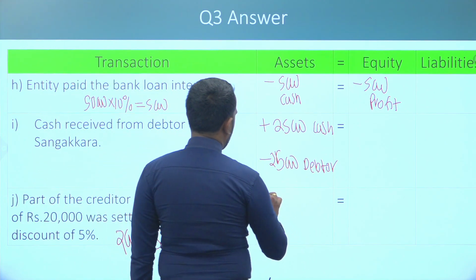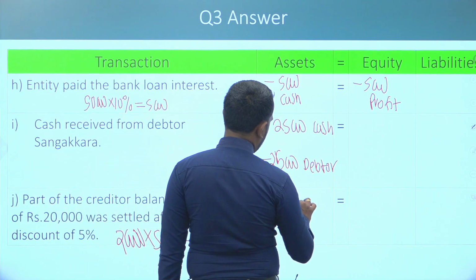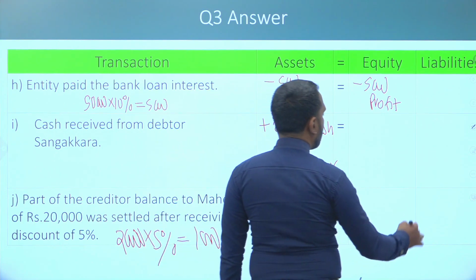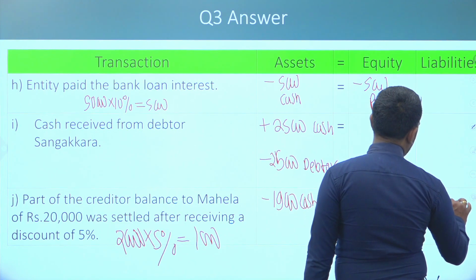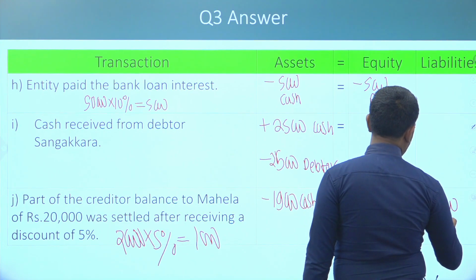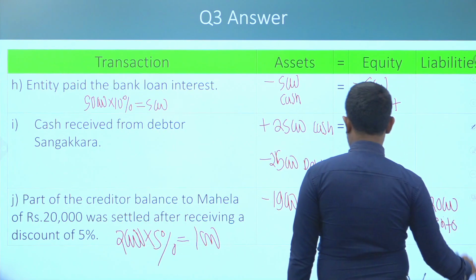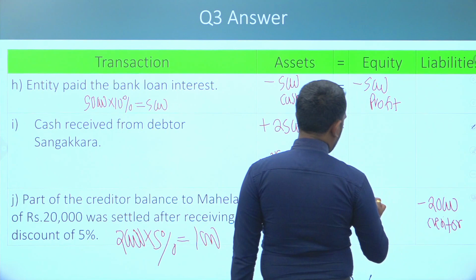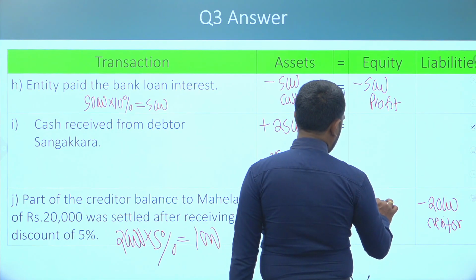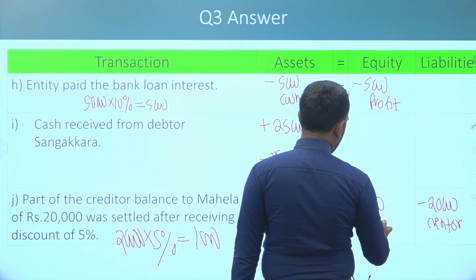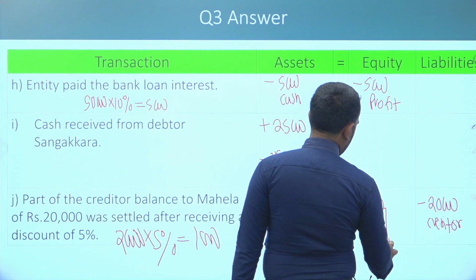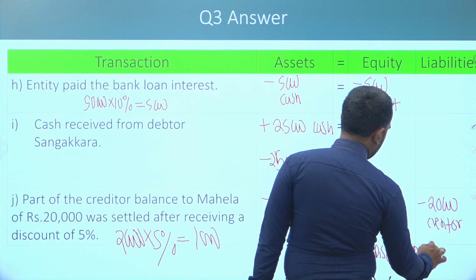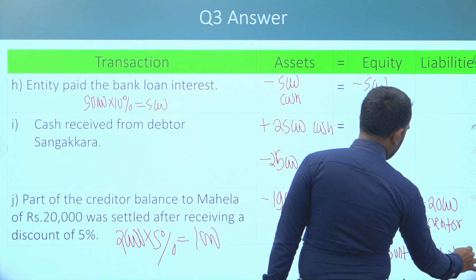My cash will come down by 19,000, paid to Mahela. But the liability will come down by 20,000. What is the benefit you have received? A 1,000 rupee benefit goes to the profit. This is what we call discount received, which is an other income.